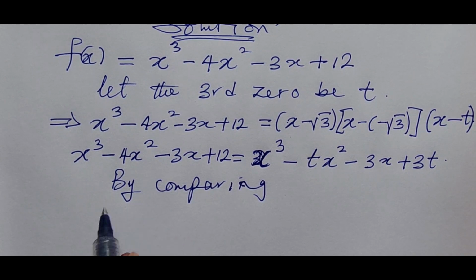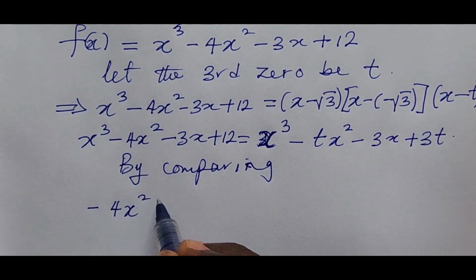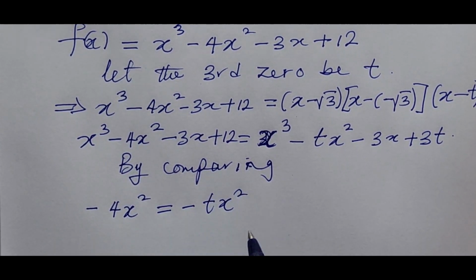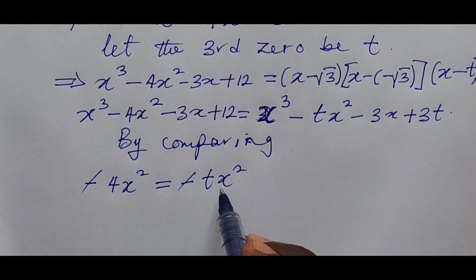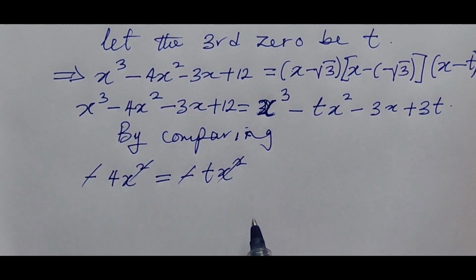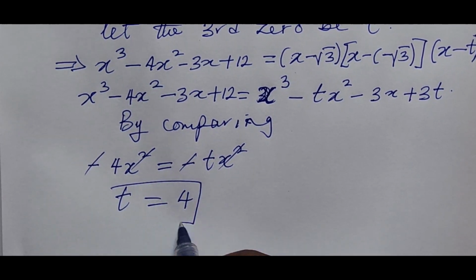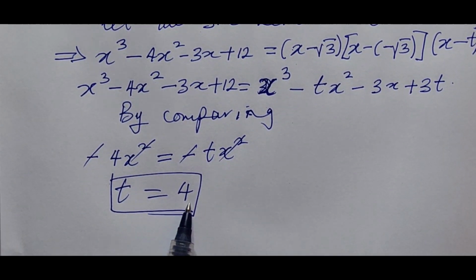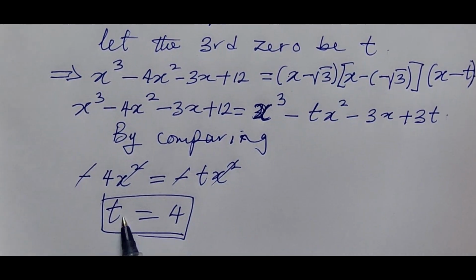So if we take this term, it's going to give us minus 4x to the power of 2 is equal to minus t x to the power of 2. So these will cancel out, and x squared will cancel out x squared. So we're going to have t is equal to 4. Simple as ABC. Remember we said let the third zero be t. So t is equal to 4.